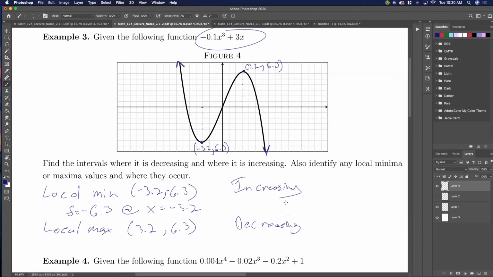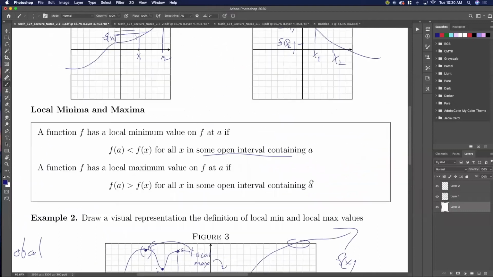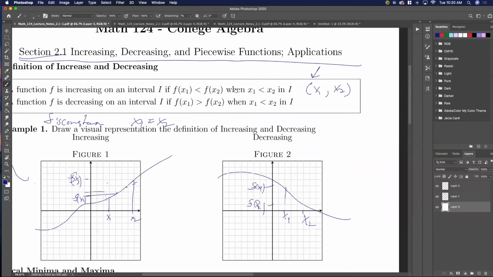All right, so where's my function increasing? Where's my function decreasing? So here, the function's increasing between here and here, right? But when I grab this, notice it's x in some interval. So we're going to use the x values for our interval. When we identify an interval, we're always identifying it using the x's.